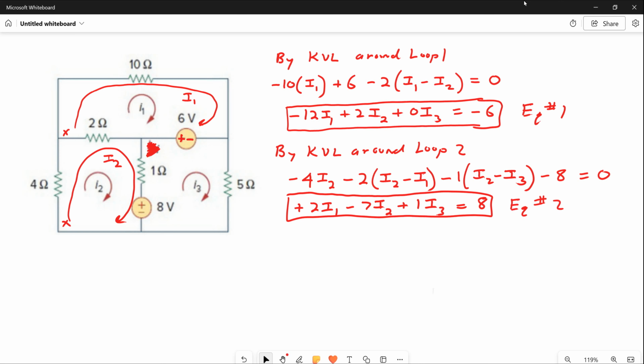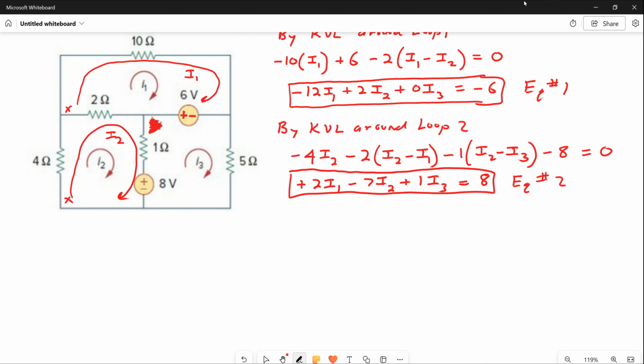Then you go around loop number 3, and you say by Kirchhoff's voltage law around loop number 3, you start at the bottom left corner, and let's go around that window.